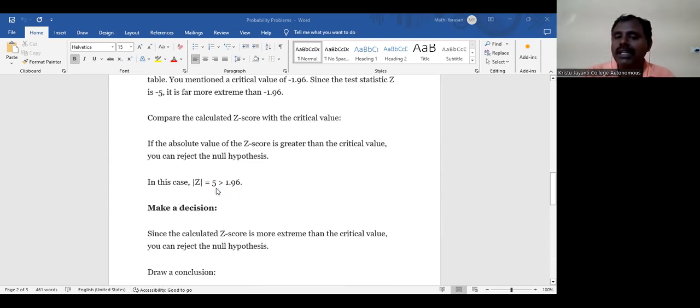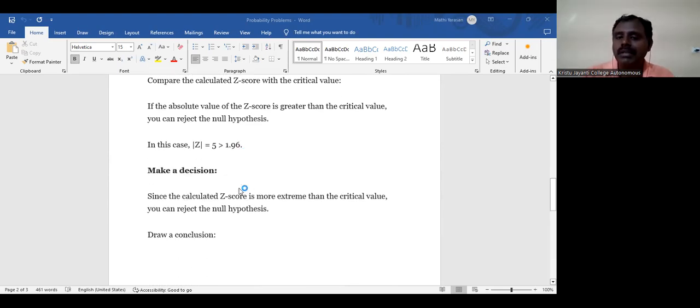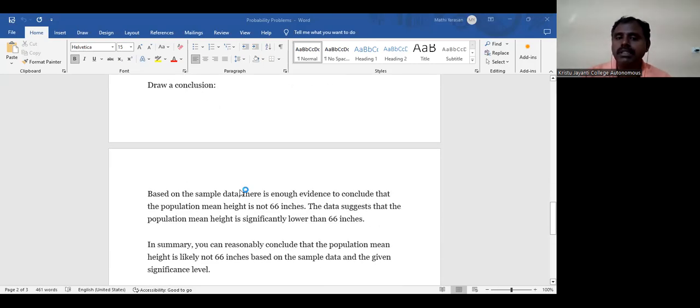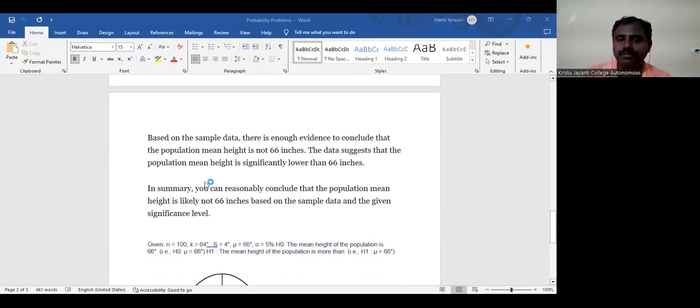If the calculated value is greater than the table value, you have to reject the null hypothesis and accept the alternative hypothesis. That is the conclusion you have to give. That is what they have given here: based on the sample data, there is enough evidence to conclude that the population mean height is not 66 inches, and the data suggests it will be less than 66 inches.